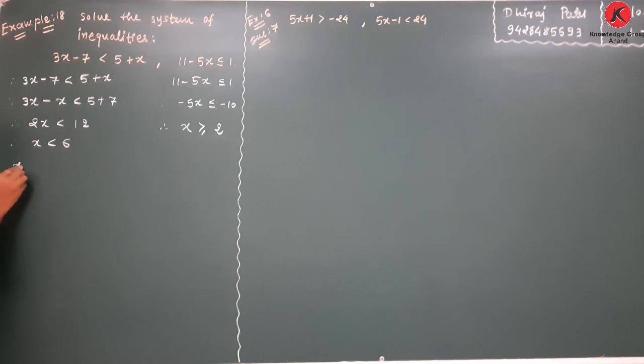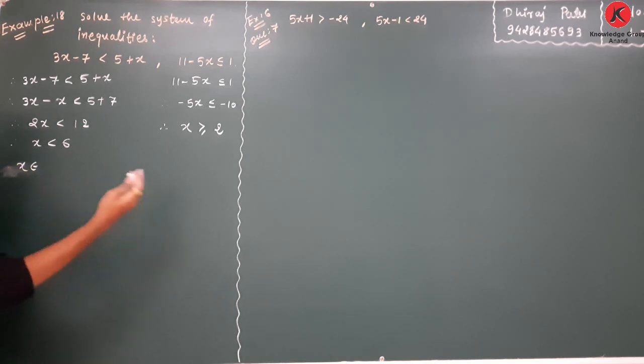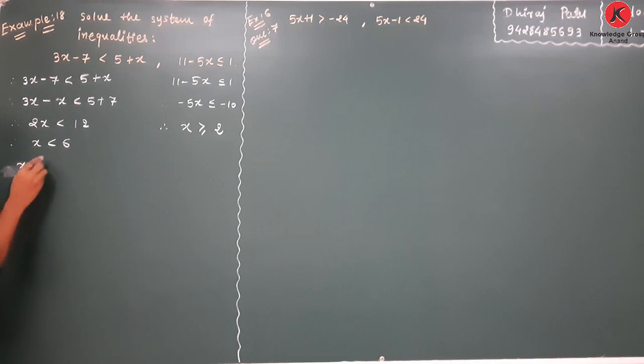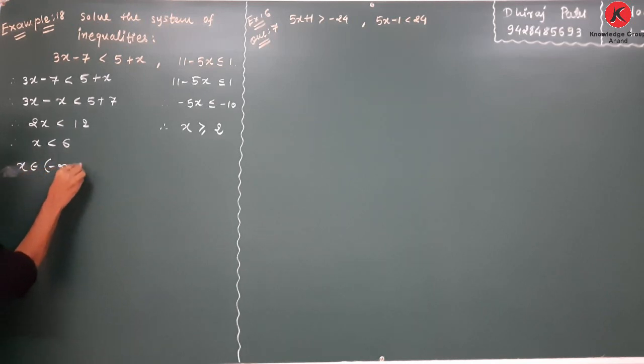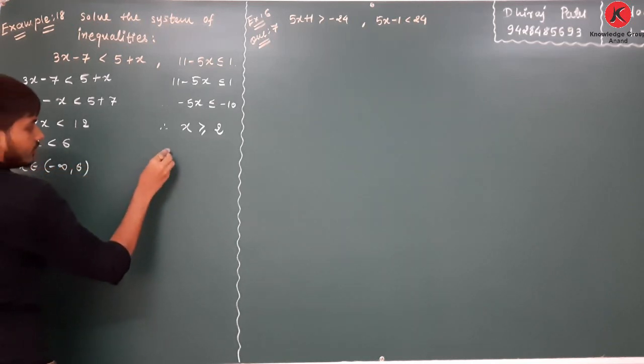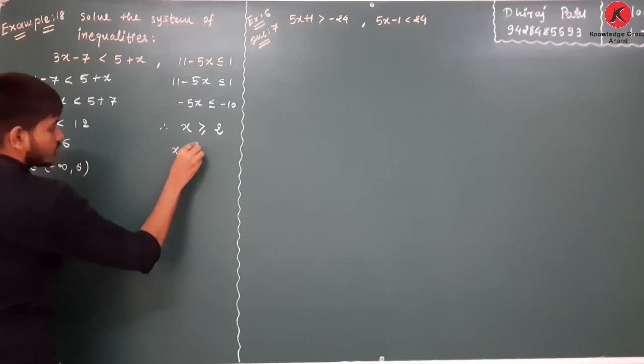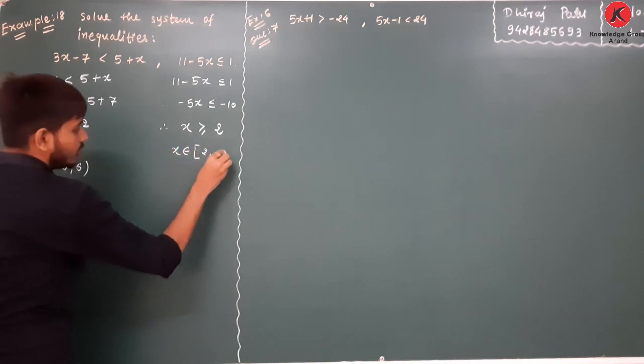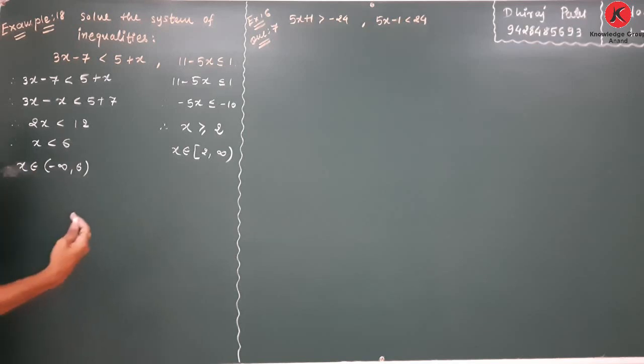x belongs to, or the solution set for this inequality. So x belongs to x less than 6, that means minus infinity to 6. Same way, we can write x belongs to 2 to infinity, since x is greater than or equal to 2.